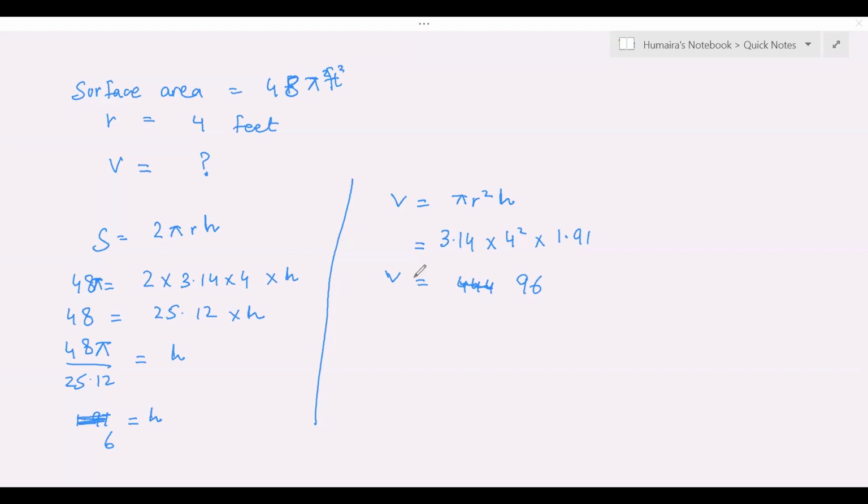That is not in the options. Radius is 4 feet. The surface area of the cylinder is 48 pi. That we did correctly.